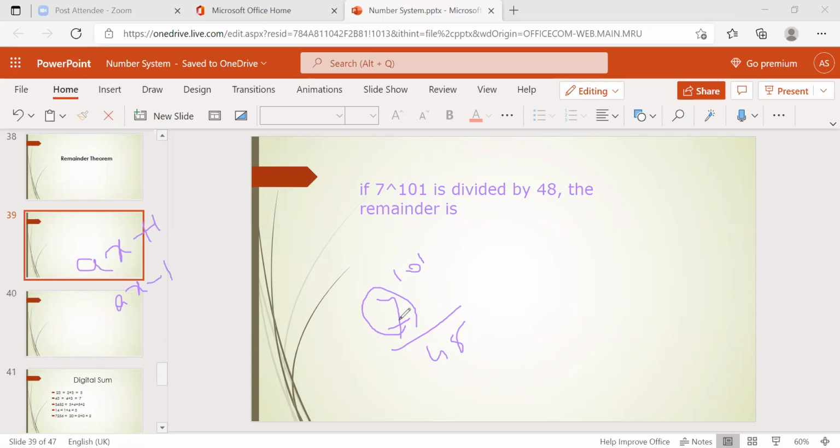If 7 is there, just by seeing it we have to get the idea, that is 7 square is nothing but 49.